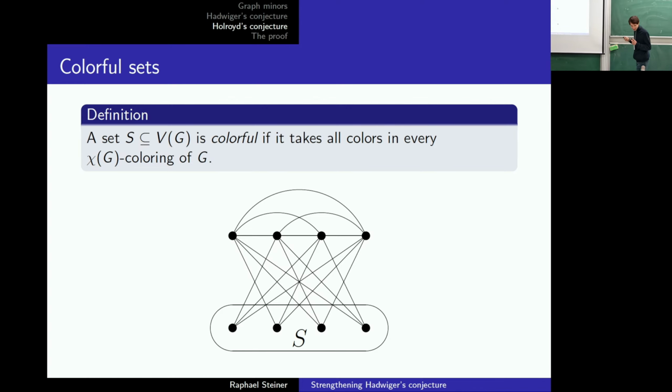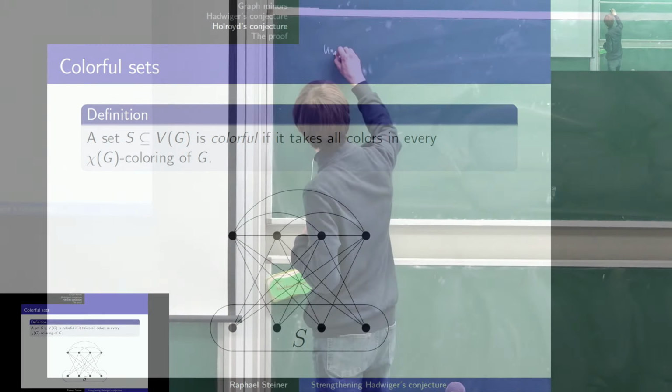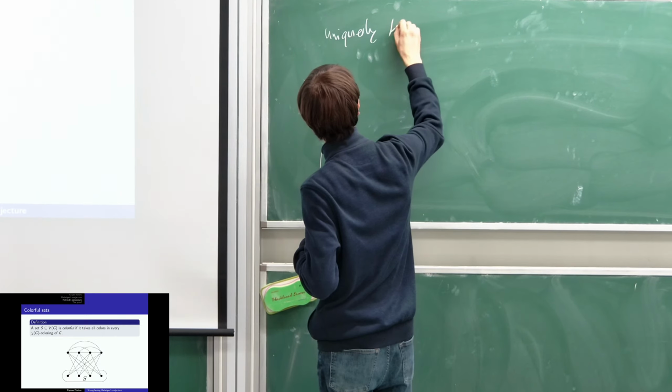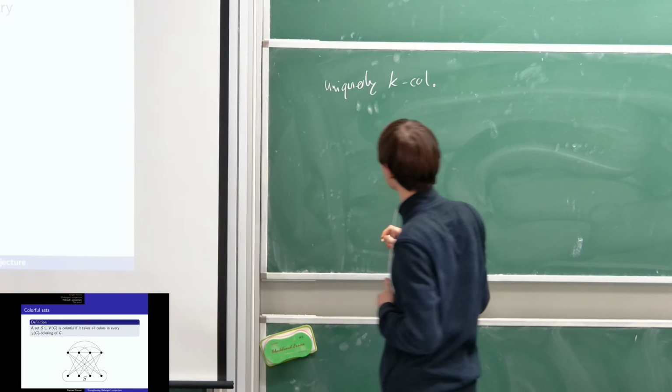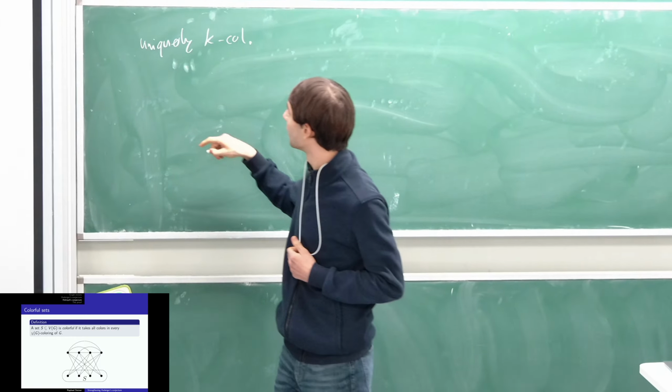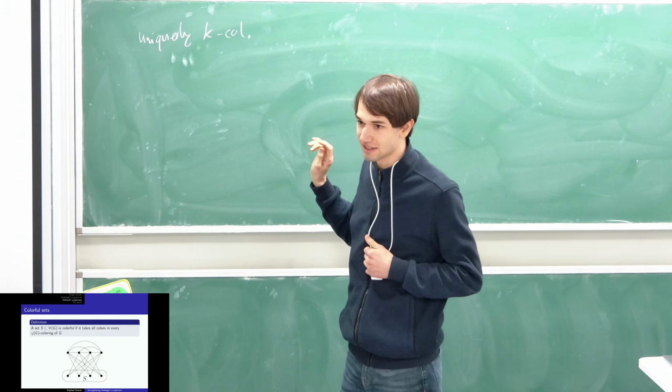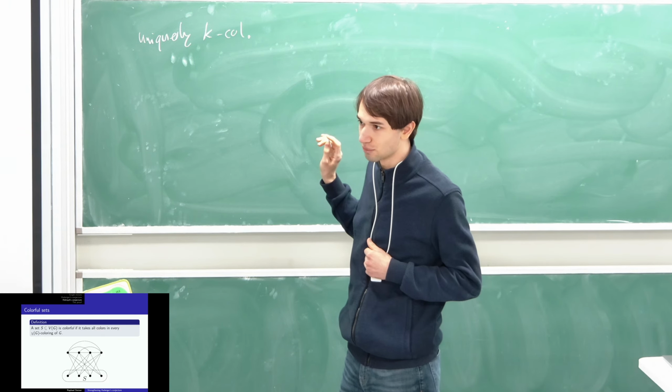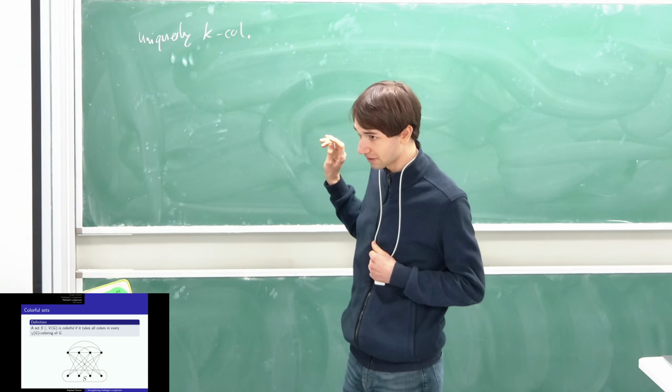Another good example is graphs which are studied which are called uniquely k-colorable, which is just the obvious thing you think of. So it has chromatic number k, and the partition formed by any of its k-colorings is exactly the same. There's only one way to partition into k independent sets.